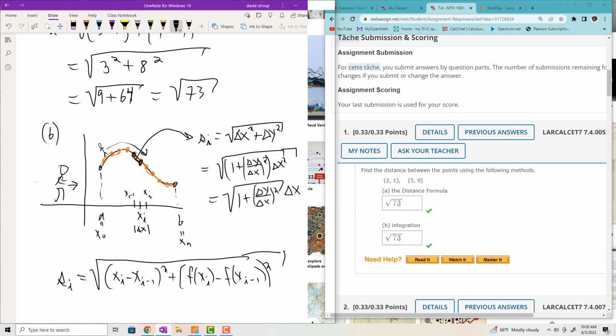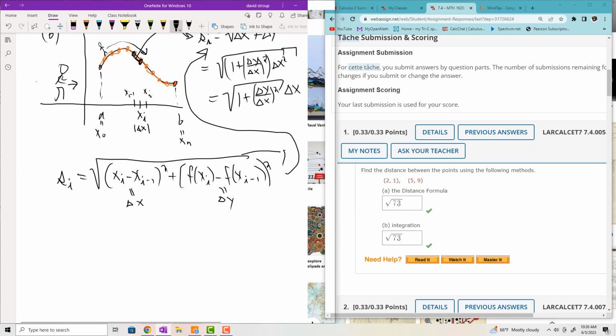But we're just going to replace this with change in x, and we'll call this thing change in y. That's how you can get your hands on this formula, and then you send the Riemann person across the x-axis to add them all up. So the overall arc length can be approximated by the sum of all these s sub i things.